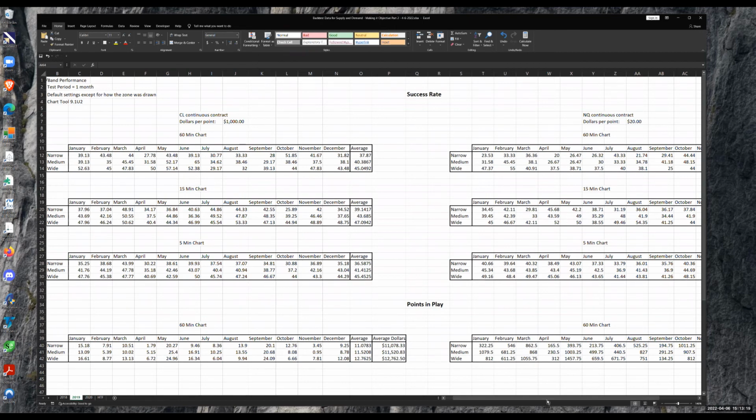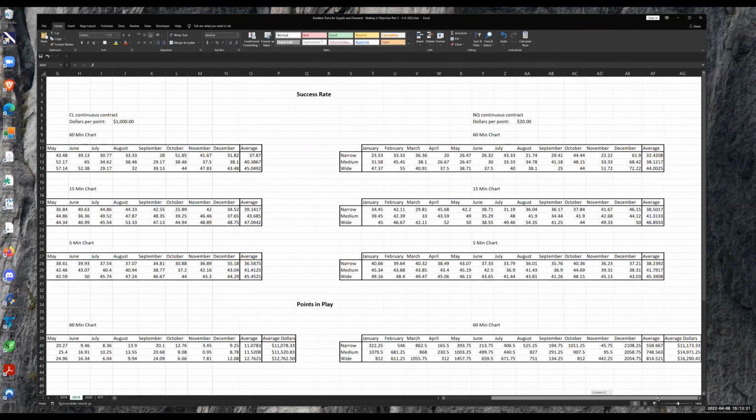And if we go again and look at the NASDAQ, we again see the fractal-like performance here. Here, the 15 again outperformed the 60, but it's nothing dramatic. Well, on the narrow zones, it's getting to be a little significant, but on the others, there's not a whole lot of difference here.